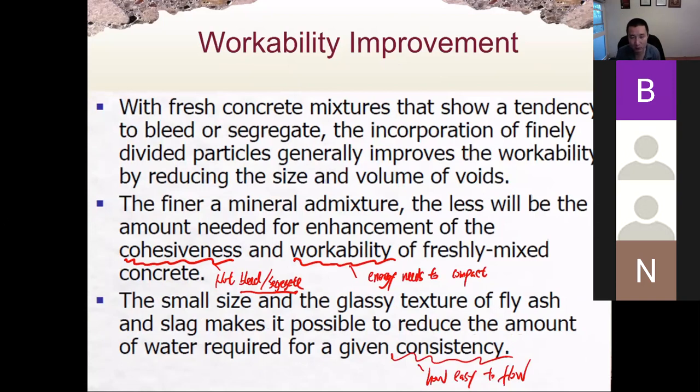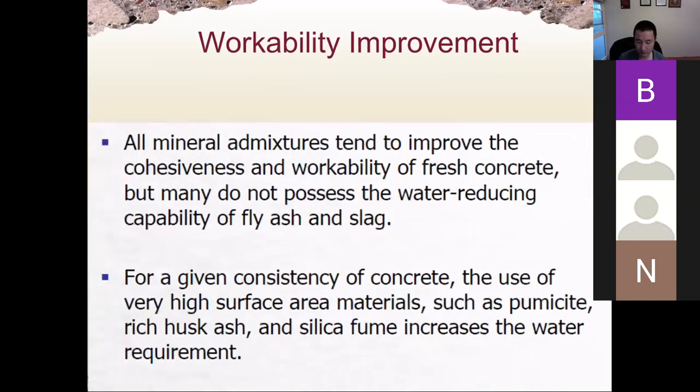A concrete with good workability does not need much compaction. So all mineral admixtures tend to increase cohesiveness, consistency, and workability of concrete, but not to the same extent.